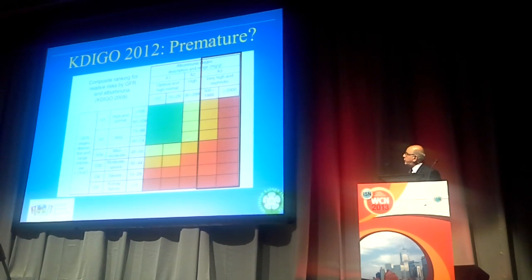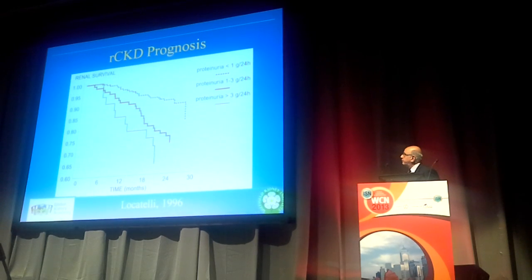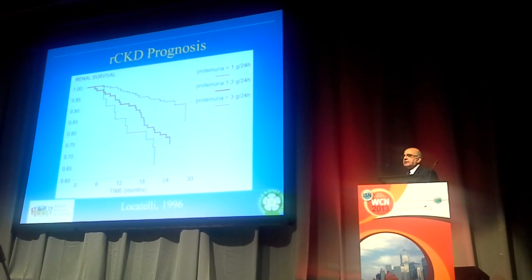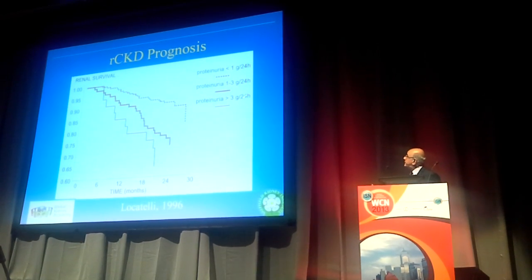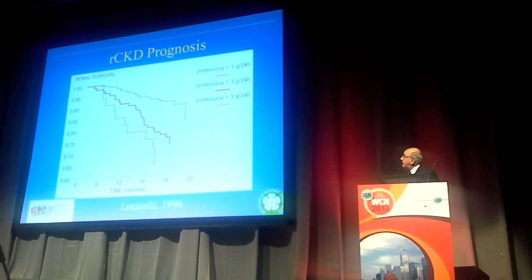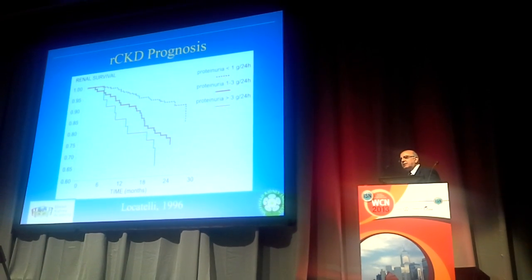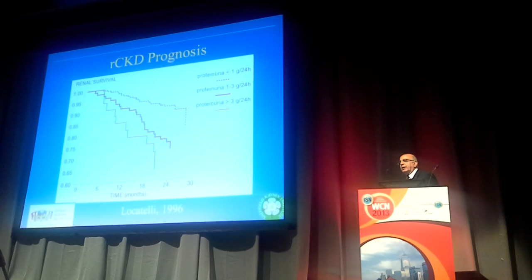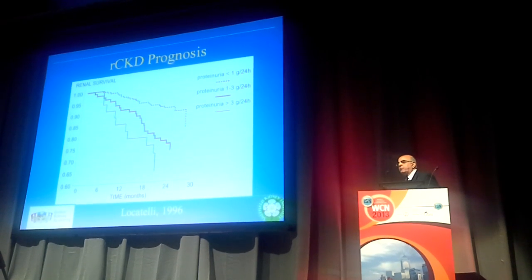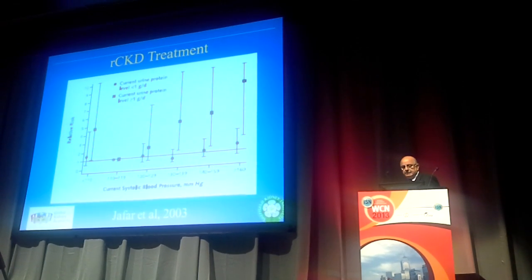And why don't we revert to the proteinuria negative or proteinuria positive? We've known that in referred CKD, if you have proteinuria less than 1 gram per 24 hours, your progression is slow, intermediate, and if you're heavily proteinuric, you progress fast. And again, that's the difficulty in one formula trying to cover progression of referred versus community CKD.